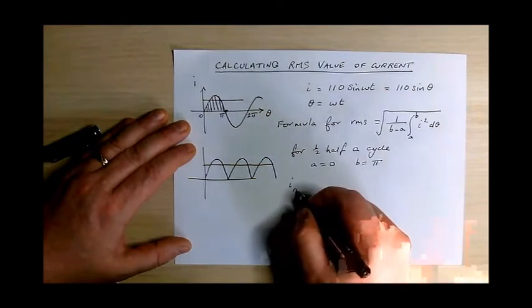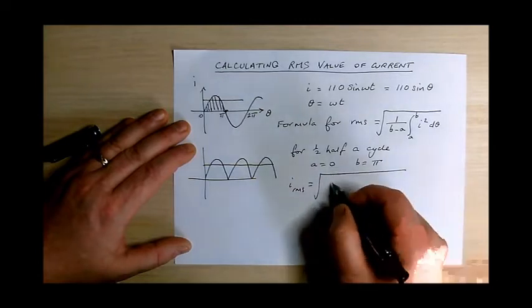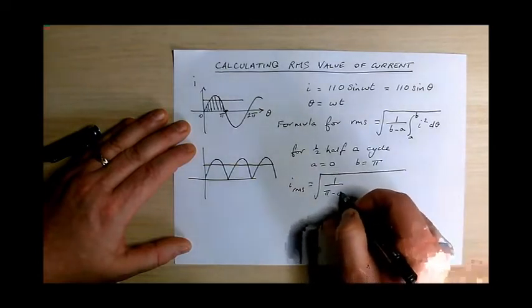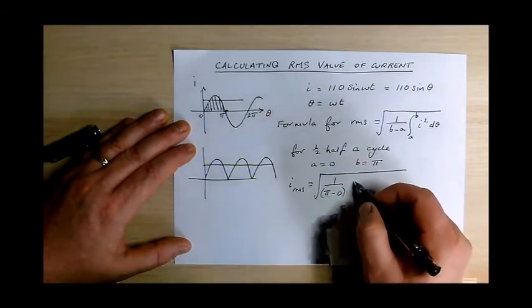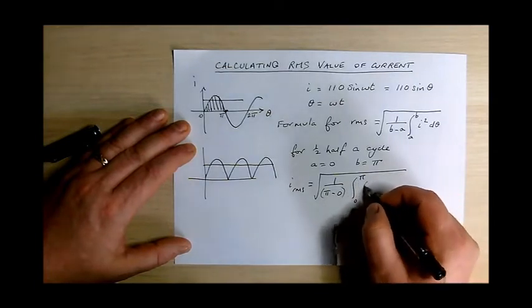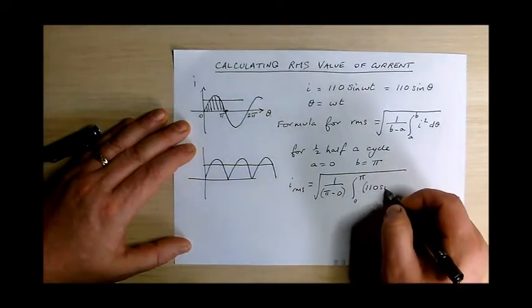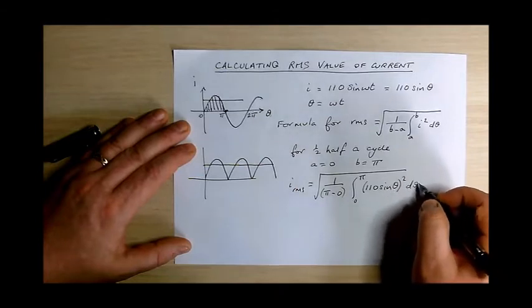So I RMS is the square root of 1 over pi minus 0, integrate from 0 to pi of 110 sine theta squared d theta.